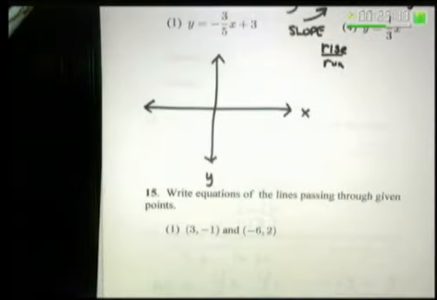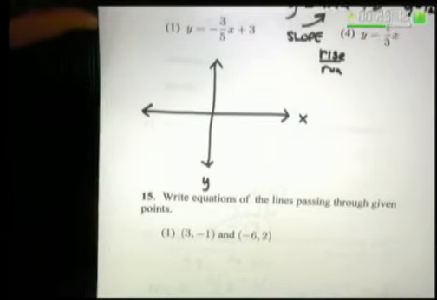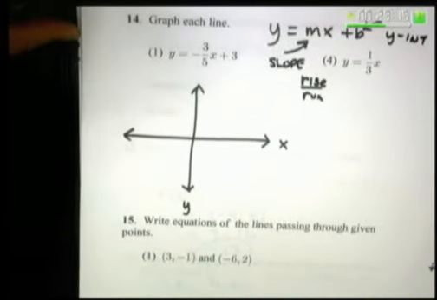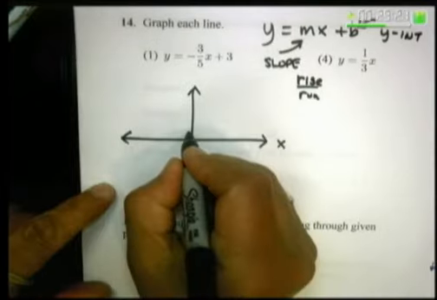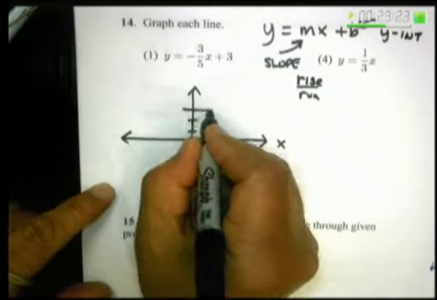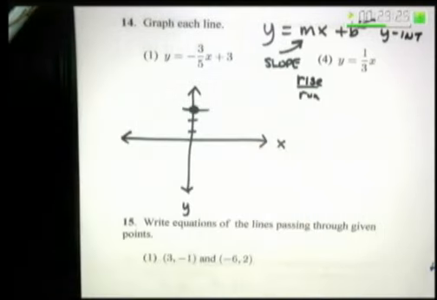All right, so how would I graph this particular problem? I would say, okay, my y-intercept is 3, right? So I'm going to go 1, 2, 3, and put a point, because my y-intercept is 3.